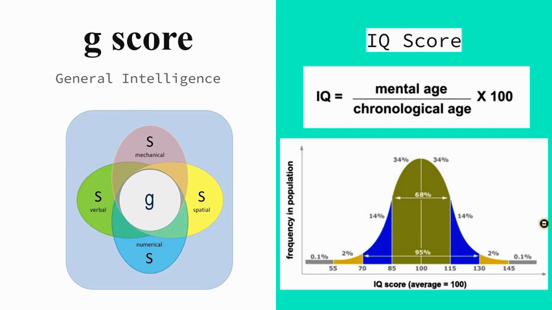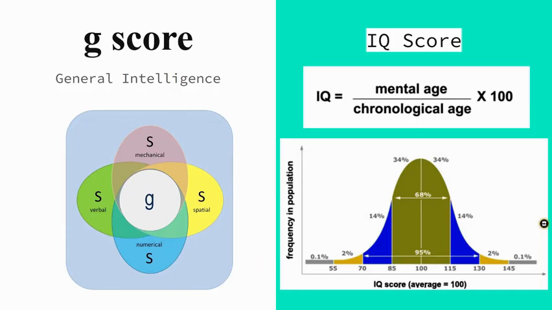That has since been modified, around the 1920s. We find that it changed into what we use today, which is called an IQ score, or an intelligence quotient. In an IQ test, in order to find out what your IQ score is, they divide your mental age by your chronological age and multiply that by 100.